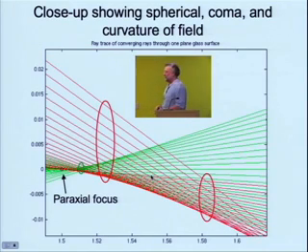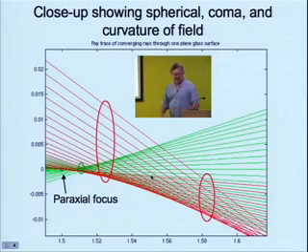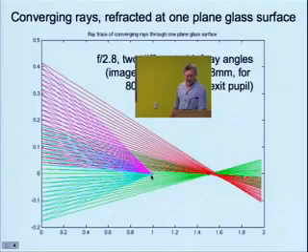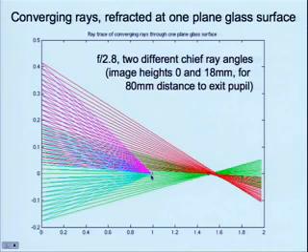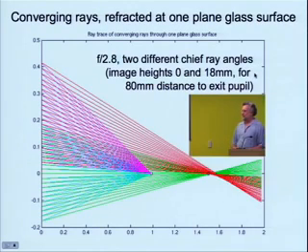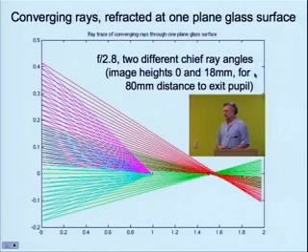And if you get off axis, that's what these other colors are. Let me go back. As the caption on this image says, we've got 2 different chief ray angles. And what this is supposed to really be simulating is 2 different positions in the focal plane. The chief ray comes from the same place in both cases and hits the focal plane in different places, but I've remapped the problem to where the rays are going to the same place.